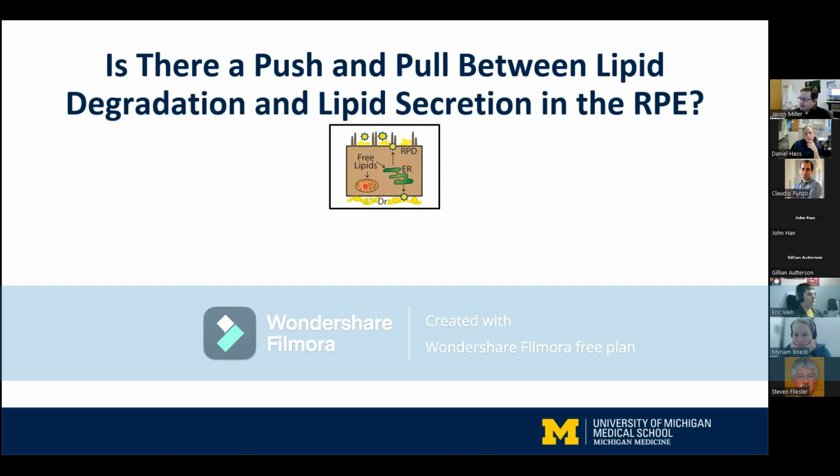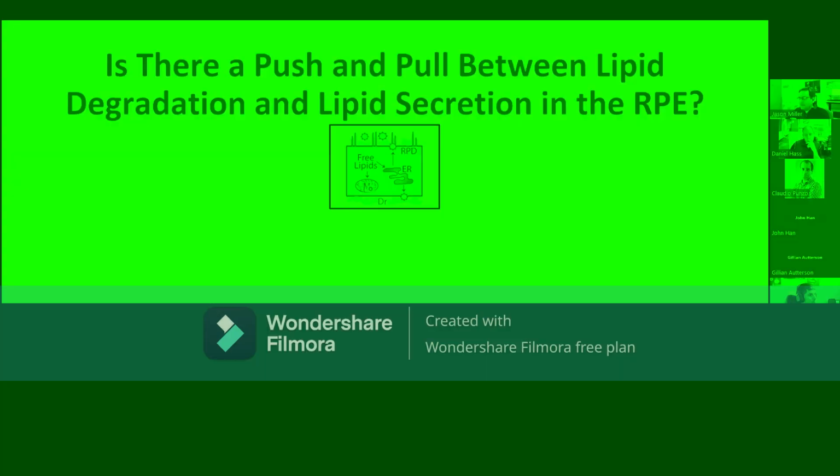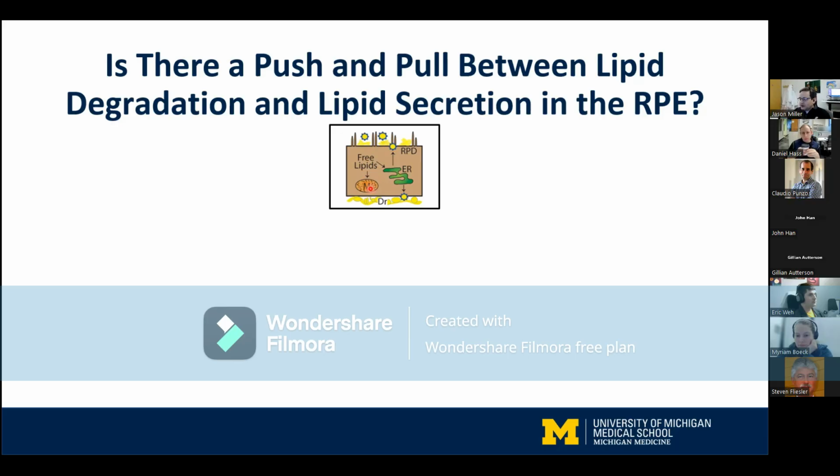At the same time, we'd be enhancing mitochondrial metabolism, which would potentially decrease the amount of glucose that could be consumed by the RPE, allowing it to pass through the photoreceptors and providing energy for the outer retinal system. So those were all reasons that we're interested in pursuing this general hypothesis.